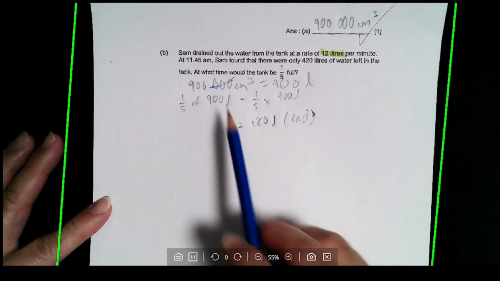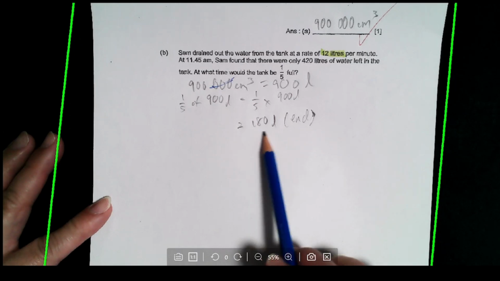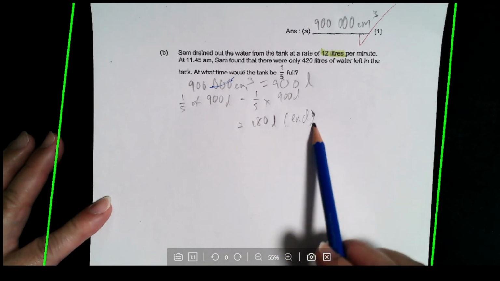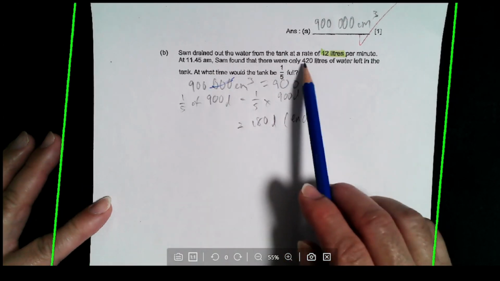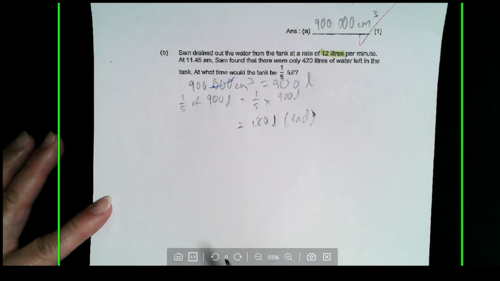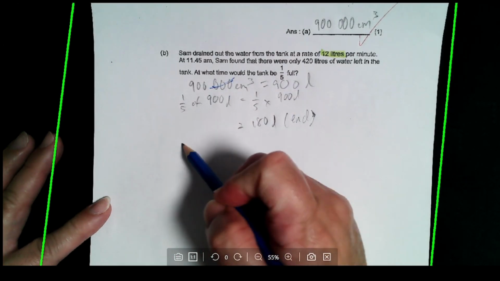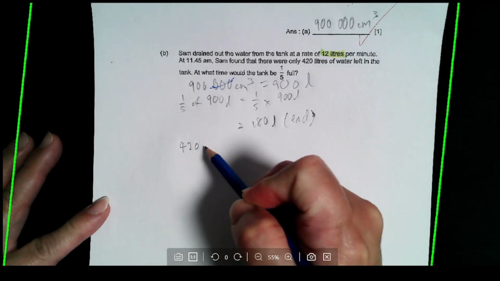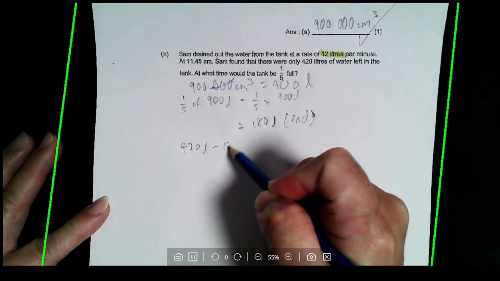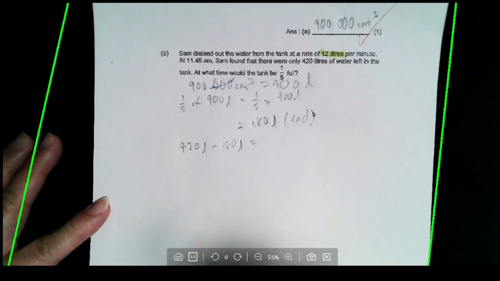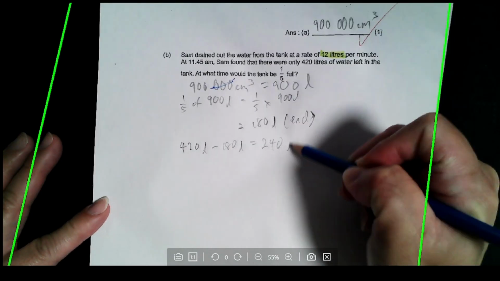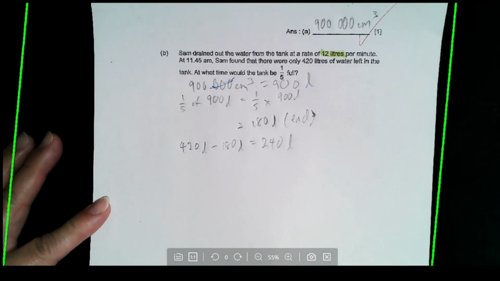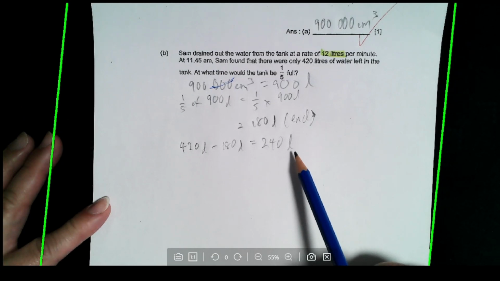By the end of this time, there should only be 180 liters left. And at 11:45 it is 420. So how many liters must flow out? Very simple calculation. 420 liters minus 180 liters, you get 240 liters. So 240 liters must flow out.